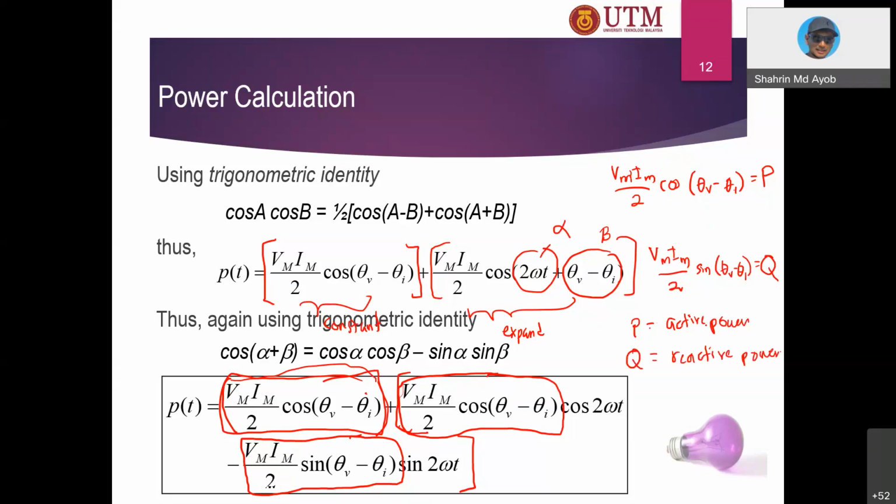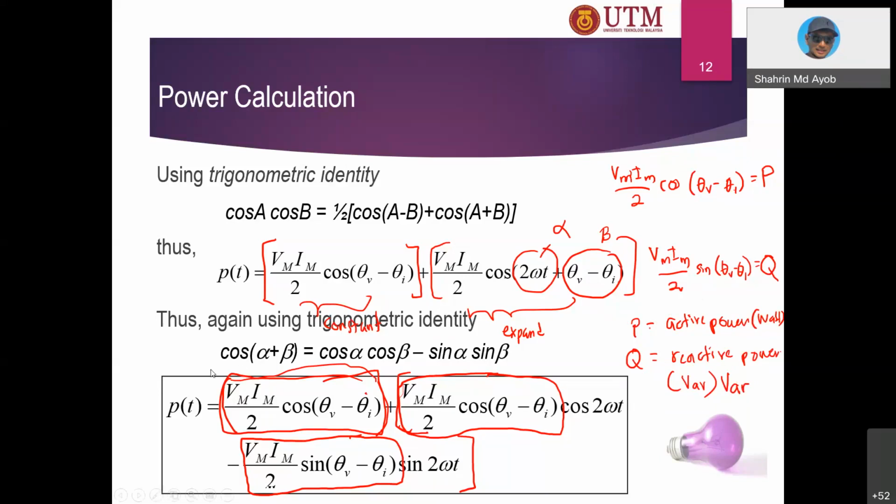So we have active power and reactive power. The unit for P is watt, while for Q, the unit is VAR. Right now we have introduced instantaneous power, active power and reactive power.